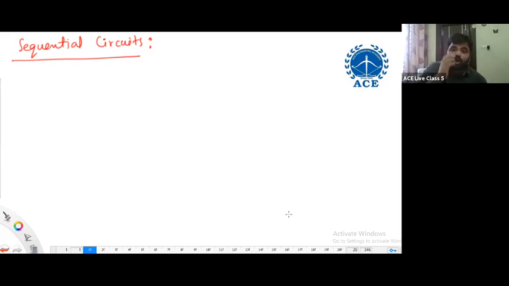When we apply a new input combination on the same terminals, it overwrites the existing combination.